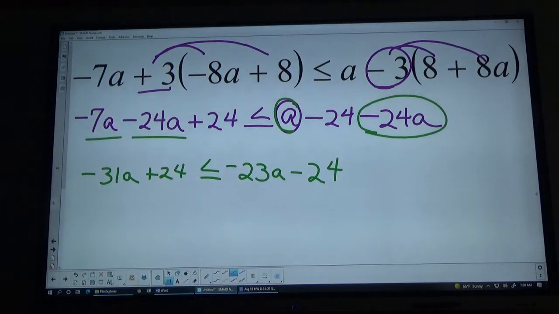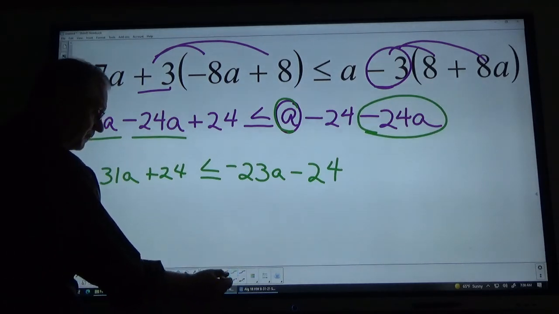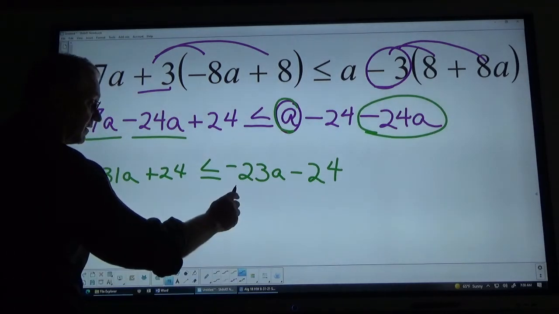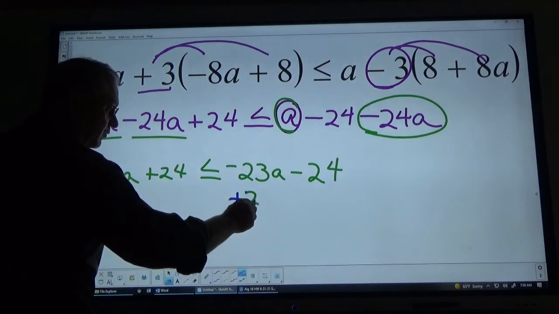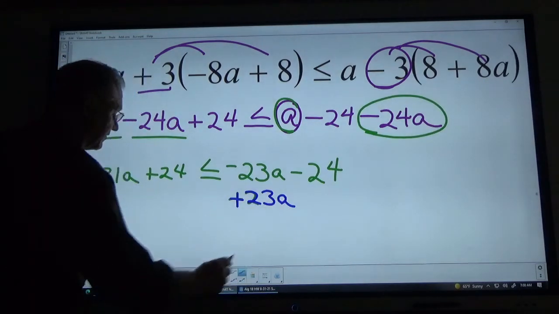All right, get all the variables on the left. I'm going to add 23a to both sides.